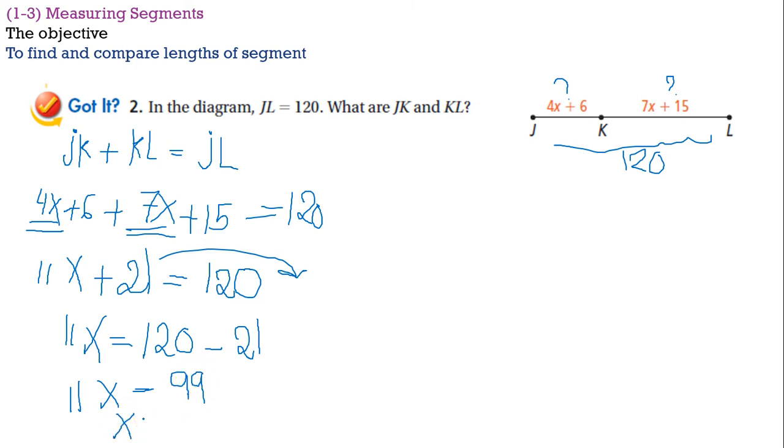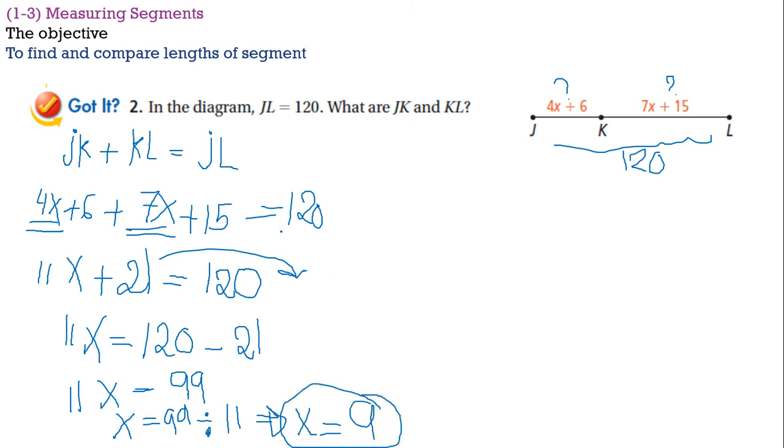Now 11x equals 99. 99 divided by 11 is 9. It means x equals 9.